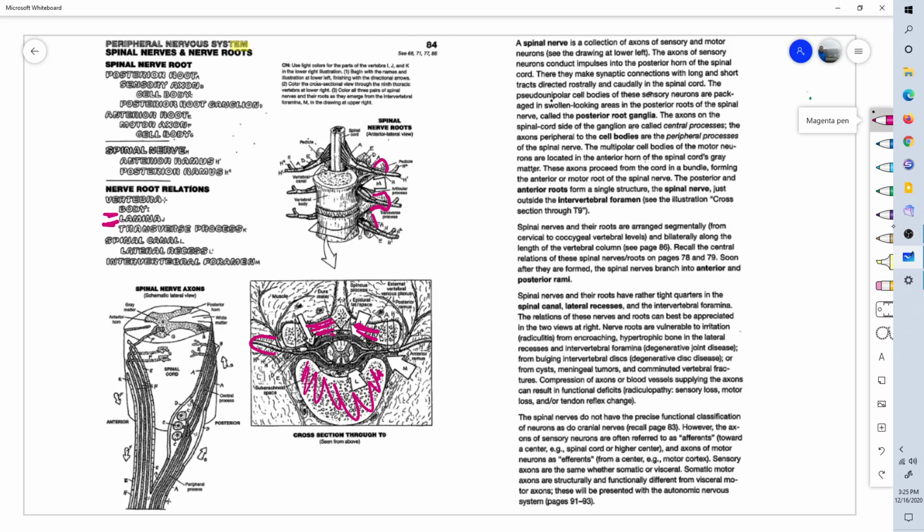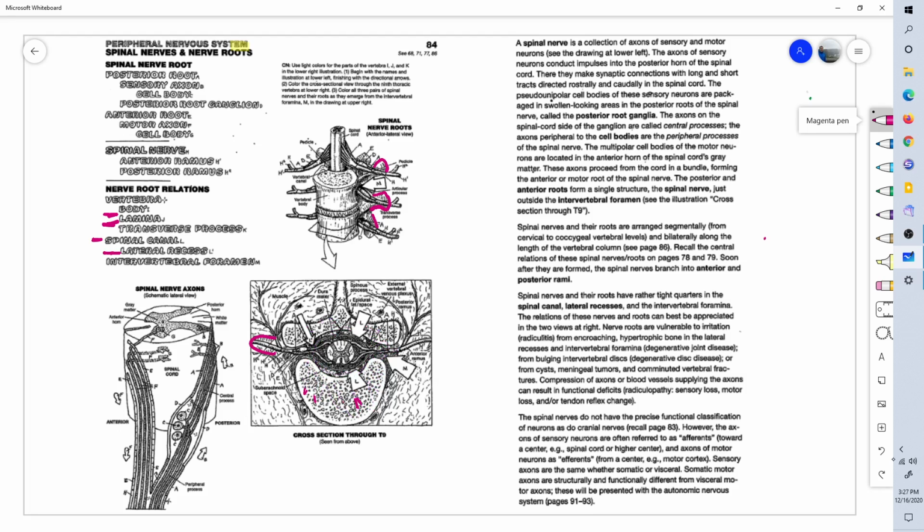The spinal canal, of course, is the big canal, the big hole that the spinal cord runs through. And the lateral recess is this tight little area right here, this little canal, where the dorsal root ganglion and the spinal nerve lie, and the roots. They come through this lateral recess. Spinal canal, lateral recess.